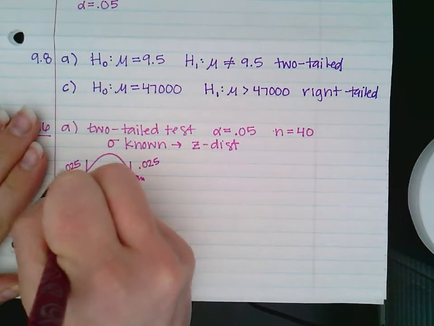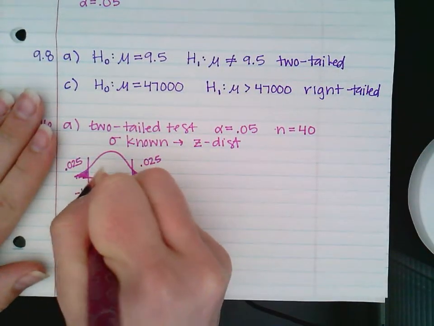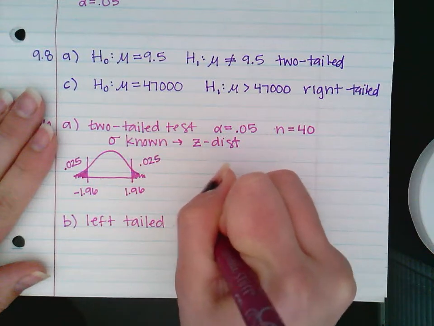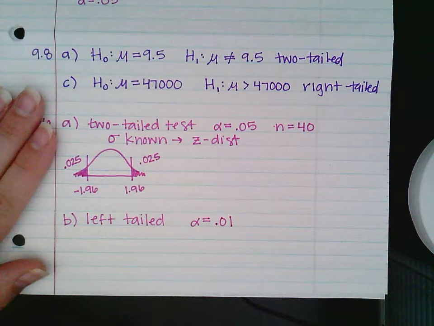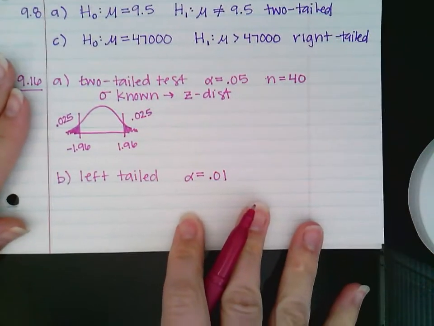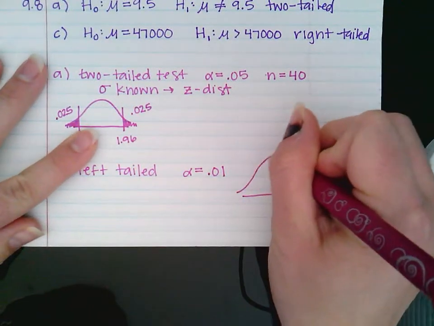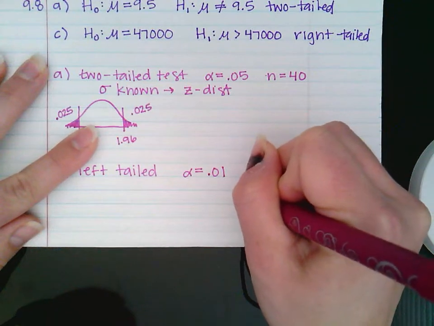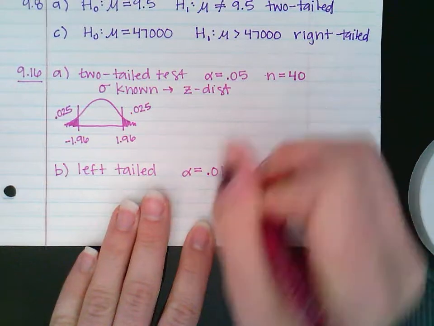On part B here, they want us to do a left-tailed test with alpha equal to 0.01. Now, you can still use that distribution table at the very bottom with infinite degrees of freedom, even though it's a right-tailed, because you have that symmetric distribution, so it doesn't really matter.